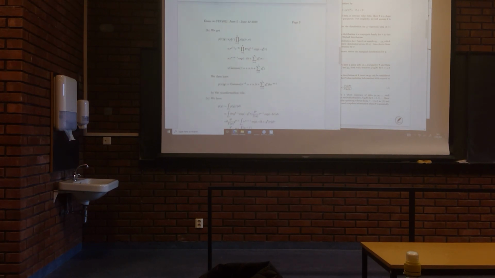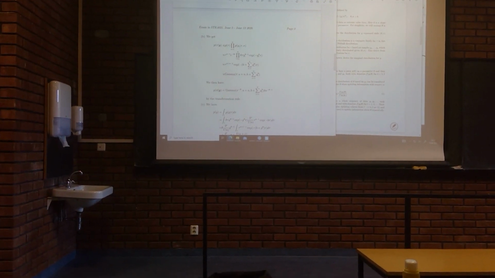If we look at the posterior, the usual trick is to look at the prior times the likelihood. The prior is proportional to tau to the power of a minus 1, times e to the power of minus b tau, where a and b are the parameters we have chosen in our gamma prior, and then we have the likelihood. When we go through this, we get exactly a new gamma distribution, but with the parameters updated.